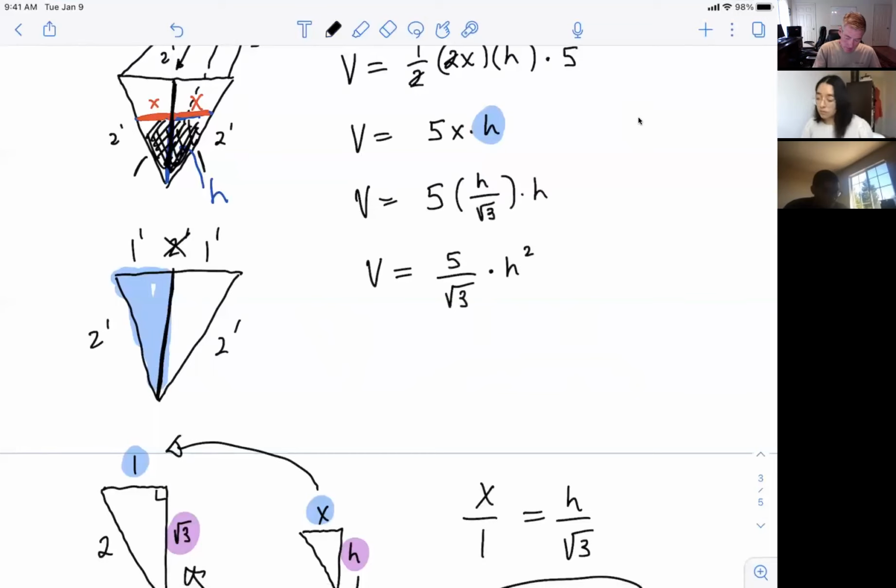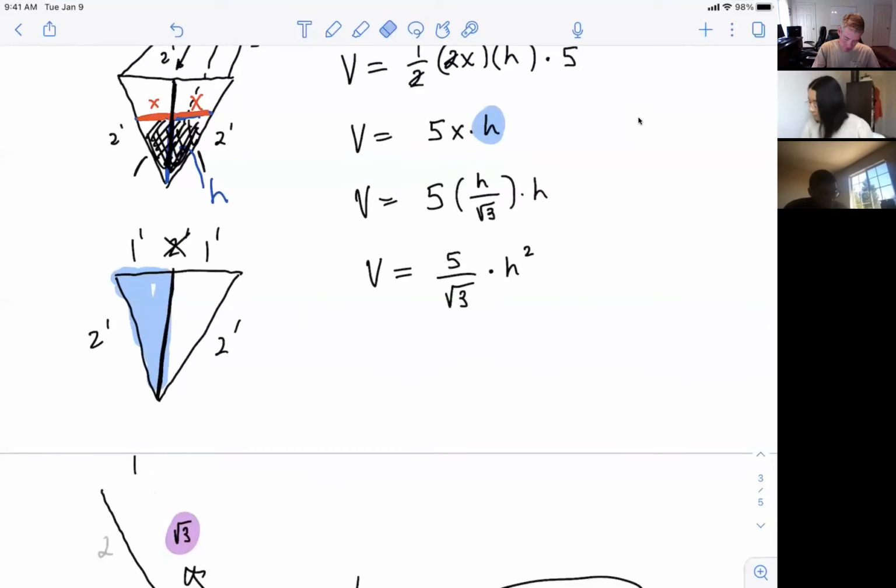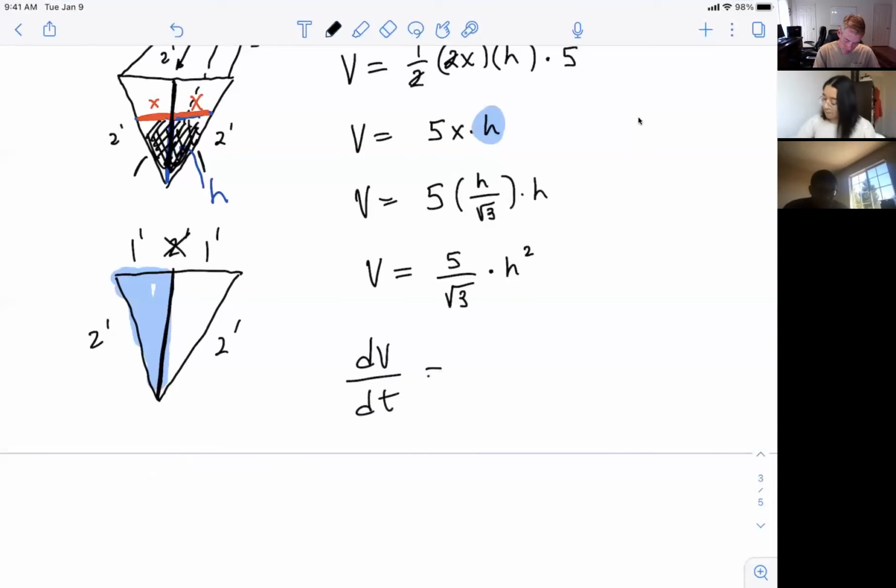And now we're finally done with all of the preliminary geometry and algebra, and now we're ready to do the calculus. So now take the derivative. So the derivative of volume with respect to time equals, and then take the derivative of H squared, which is going to be 2H.